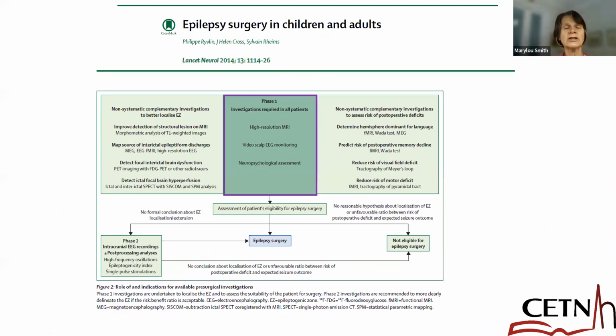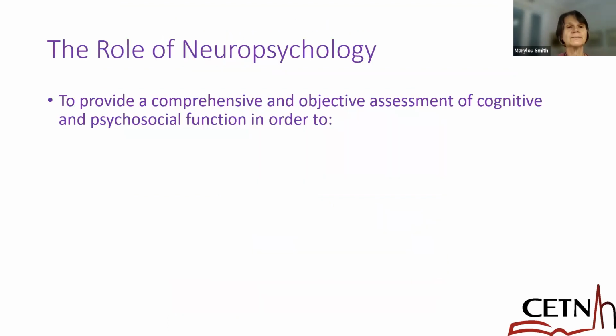In phase 1, the initial phase of investigation, there are 3 key investigations that have been identified: MRI, video EEG, and neuropsychological assessment. These, of course, are accompanied by other investigations depending on the particular complexity of the patient's case. So the neuropsychological assessment is key and is core to the epilepsy surgery evaluations.